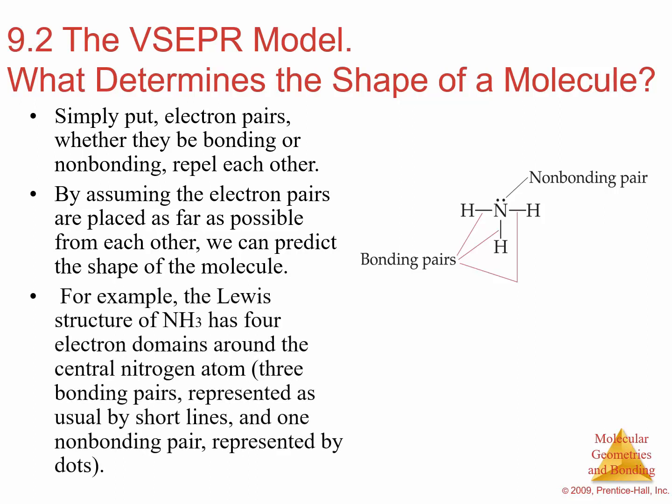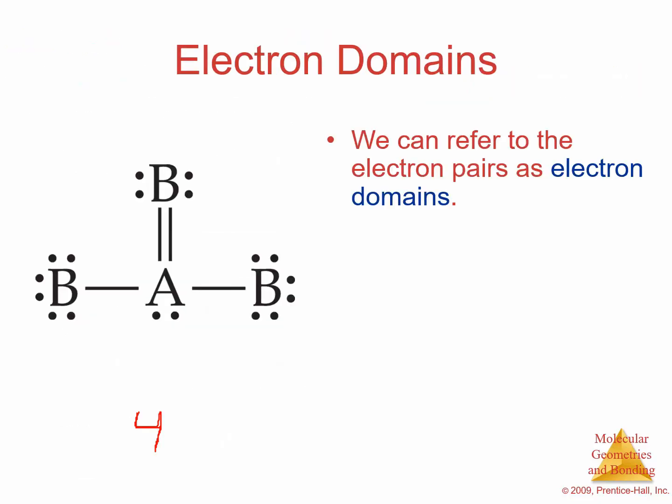For example, the Lewis structure of NH3 has 4 electron domains around the central nitrogen atom, 3 bonding pairs represented as usual by short lines, and 1 non-bonding pair represented by dots, as you can see here. We can refer to the electron pairs as electron domains.